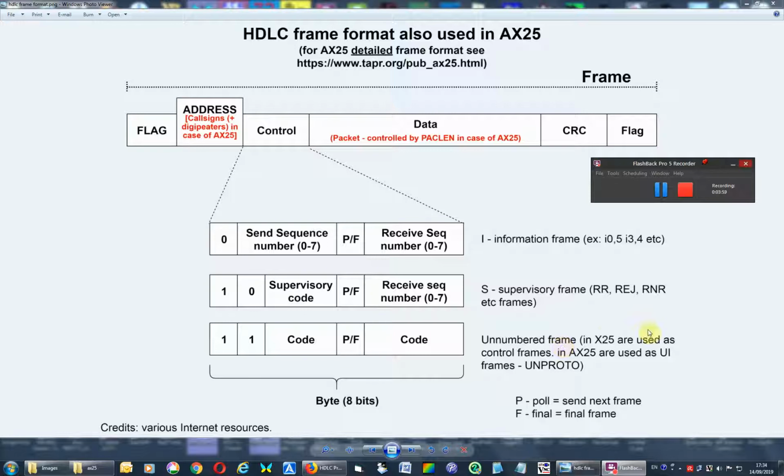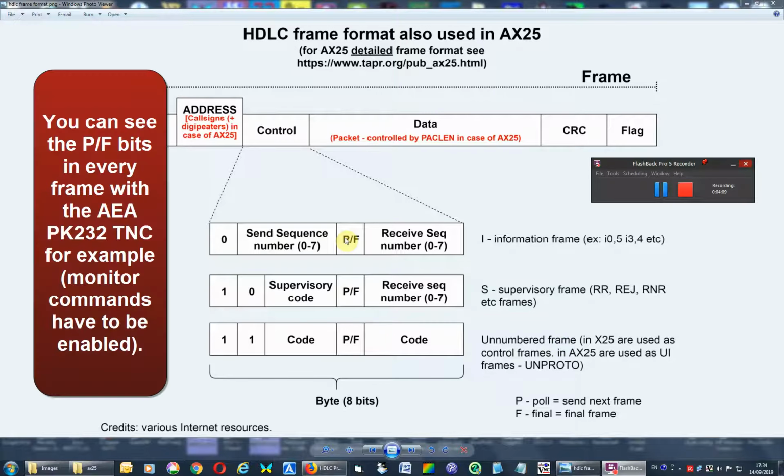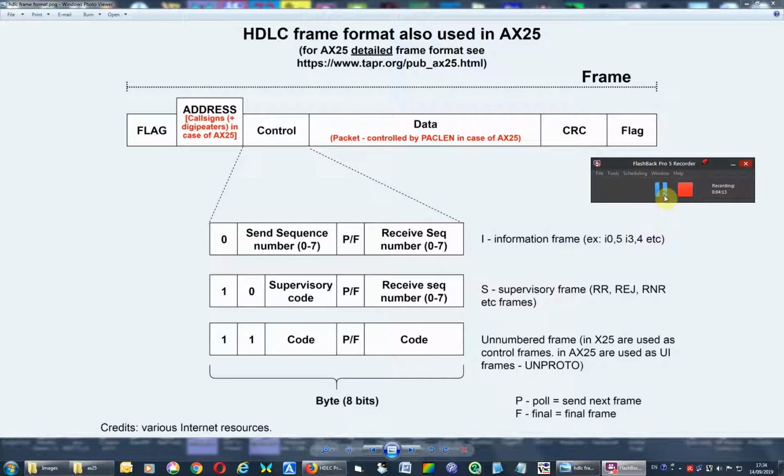These are the datagram mode frames. The poll and final bits control the frame exchange. The poll bit tells the other station, in the case of AX25, that it is expecting more frames. The final bit F is set when there are no frames to be sent.